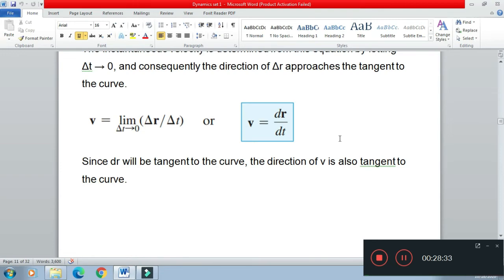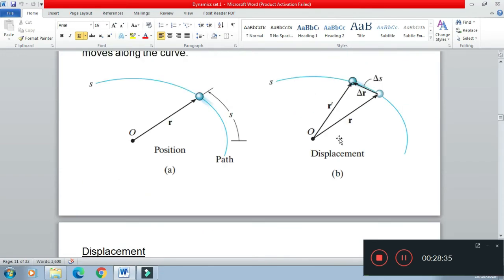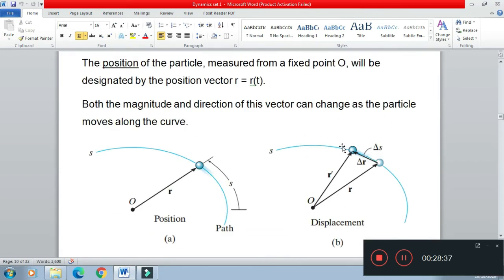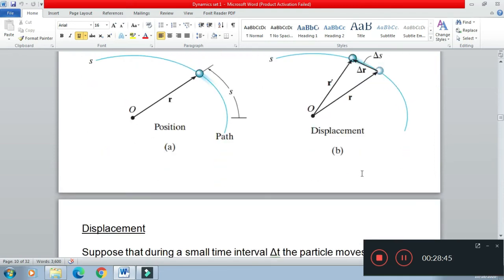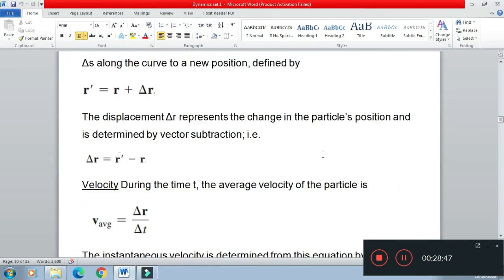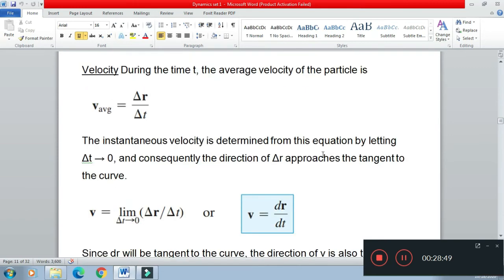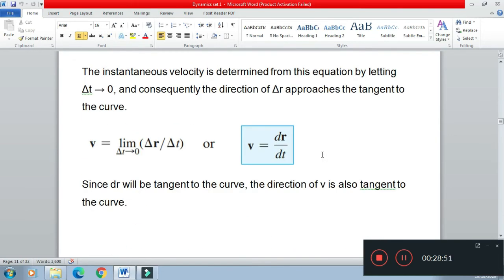Now delta r will be tangent to the curve. If we are considering the instantaneous case, then delta r will be tangent to the curve. When delta r is tangent, then velocity will also be tangent to the path.